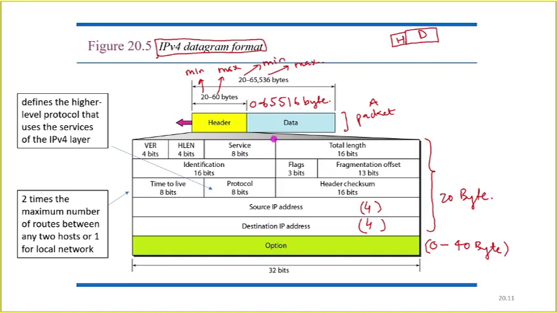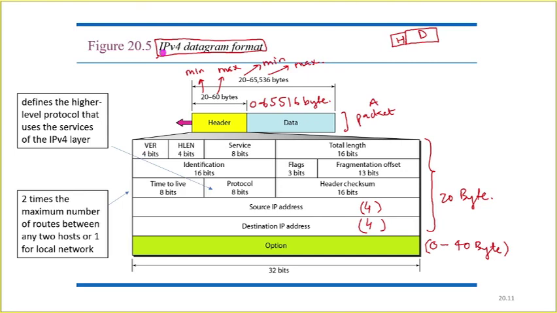Now we will see what the different components are and how they play their roles. The version indicates what version of IP is being used.